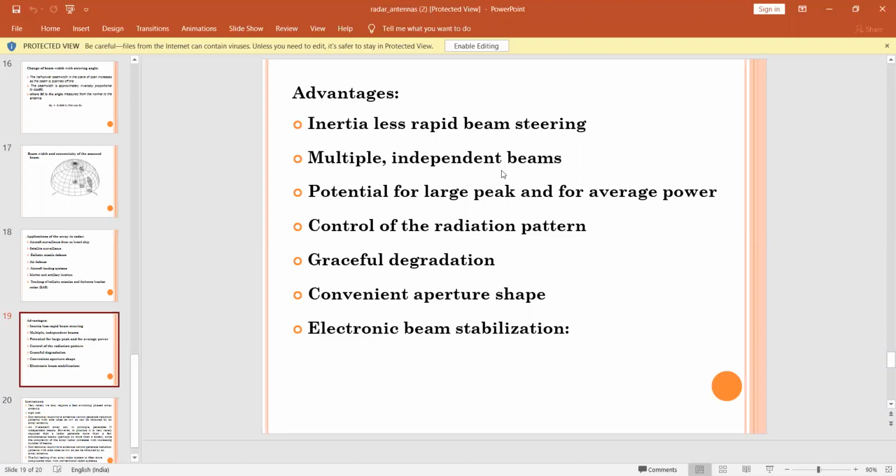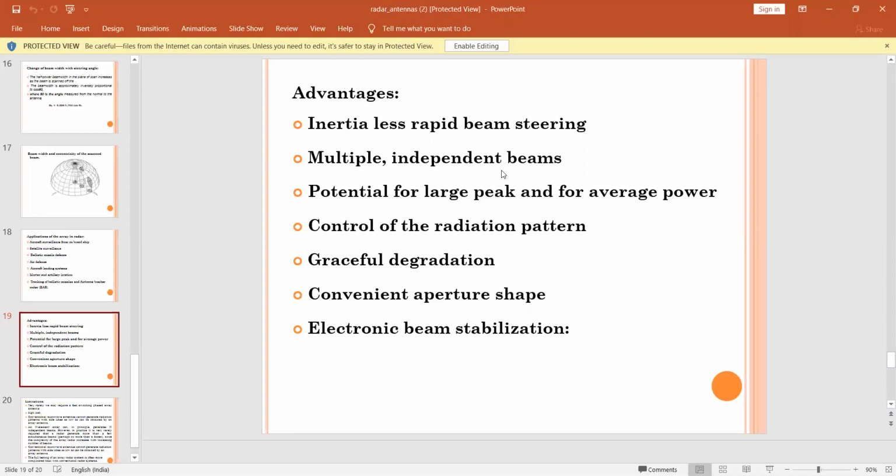A convenient aperture shape is another advantage. The shape of the array permits flush mounting, and it can be strengthened to resist a blast. Then electronic beam stabilization. The ability to steer the beam electronically can be used to stabilize the beam direction when the radar is on an unstable platform such as a ship.